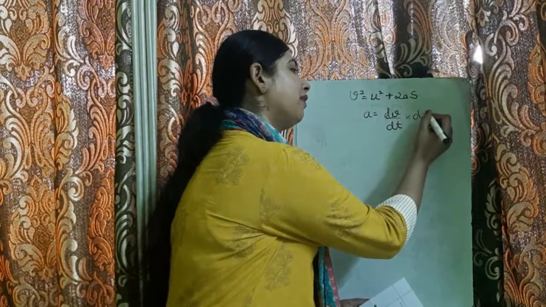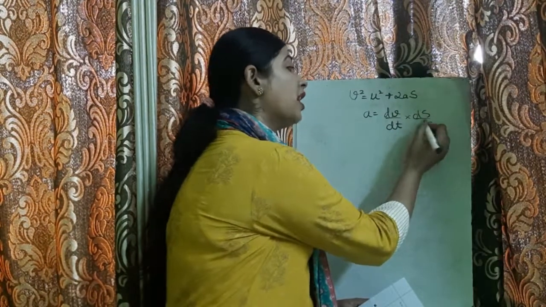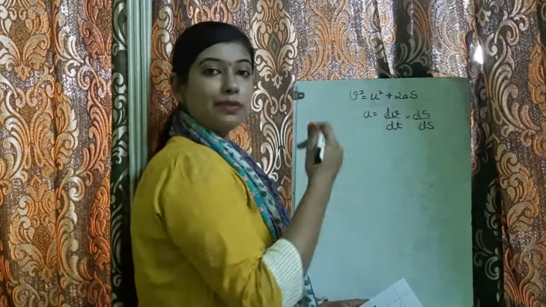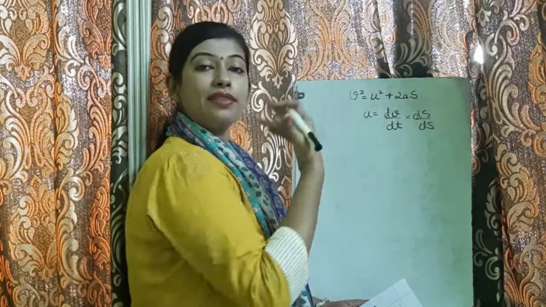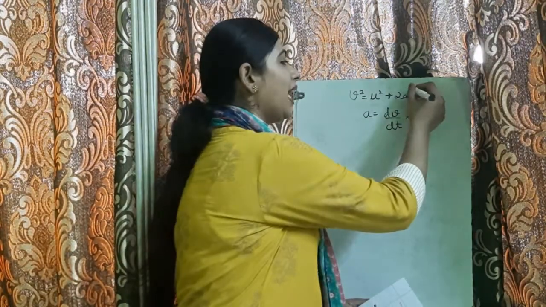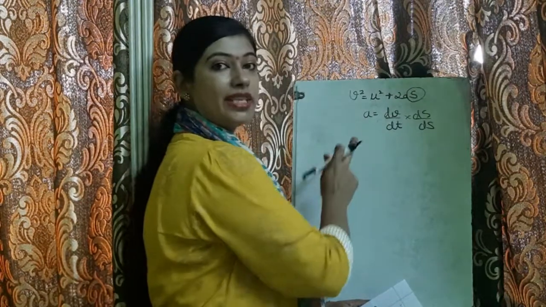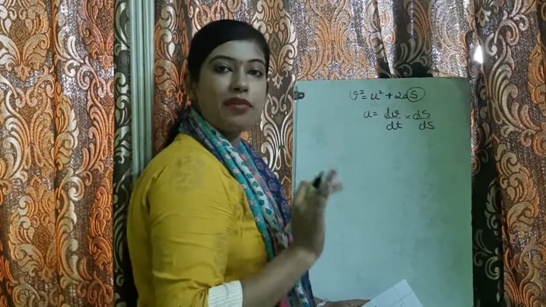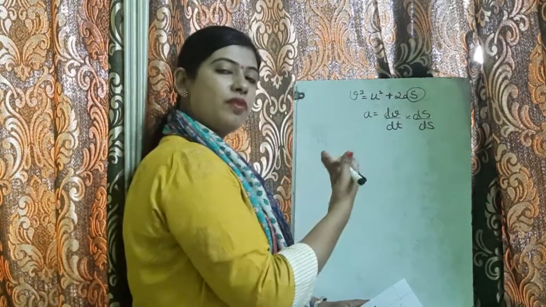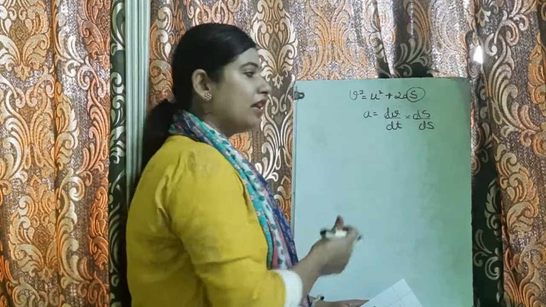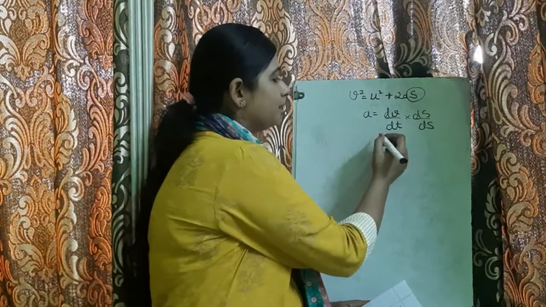Why have we multiplied by ds? Because in the third equation of motion we have s, but in the equation a is equal to dv by dt we did not have s, so we multiply and divide it by ds.